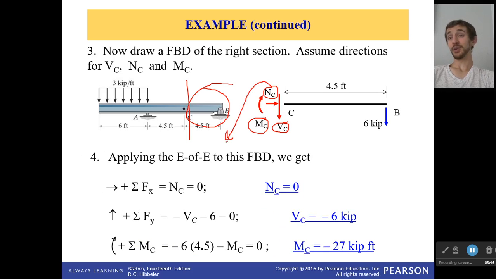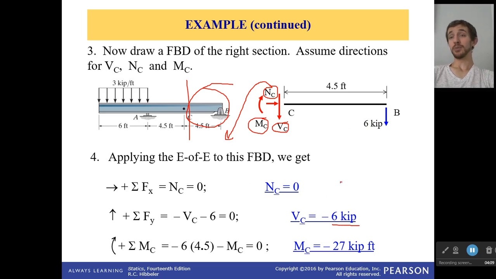That one's going to be 0 as well. No normal force. And that's a pretty common thing. It's not always the case, but you see that quite a bit. Then for our shear force here, there's only one other force, and so that means that, for one, we drew it in the wrong direction. It should be going up. And that shear force is going to have a magnitude of 6 kips.